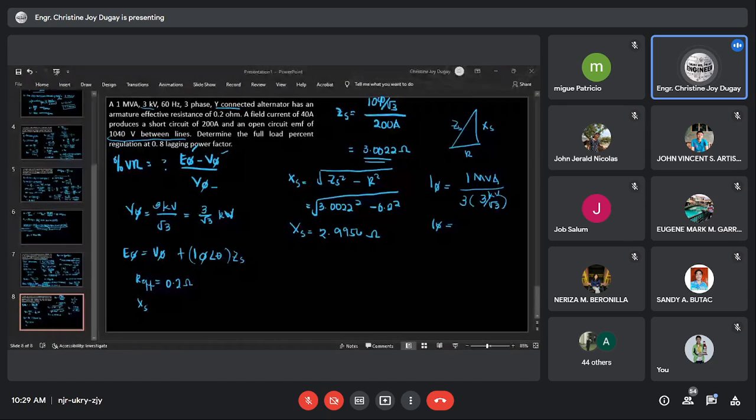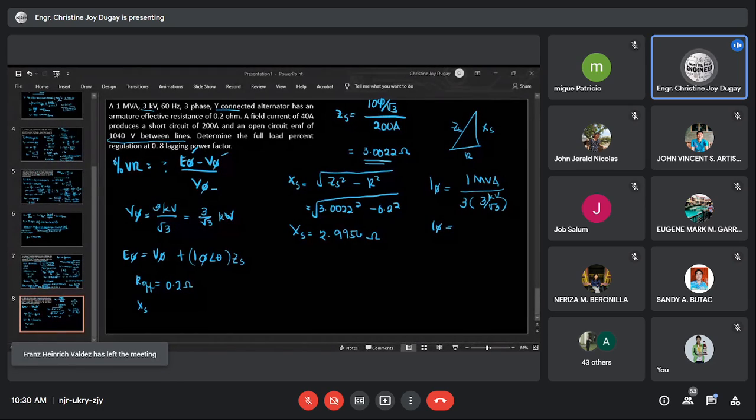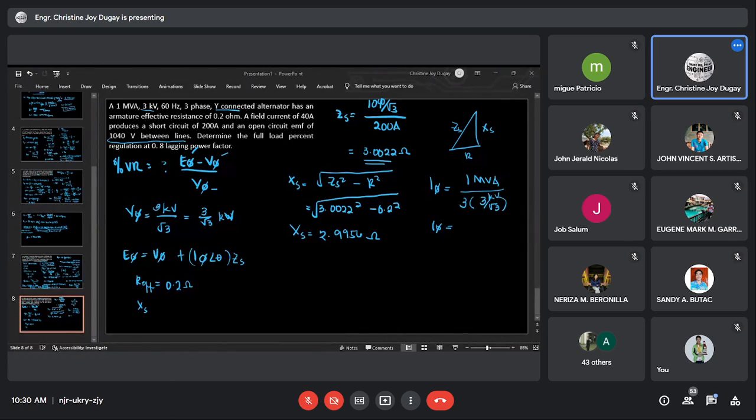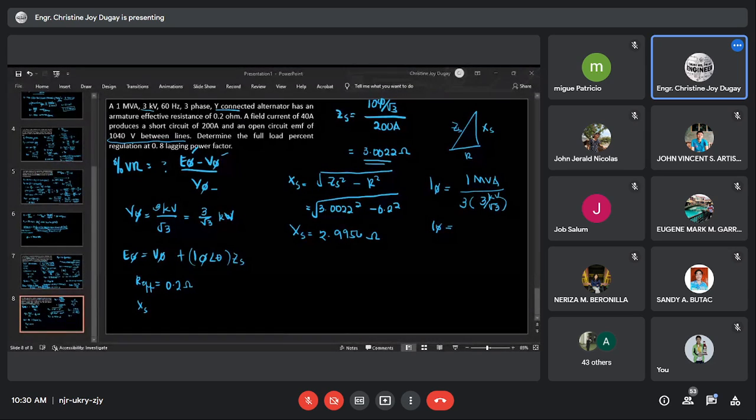Ilan ang value ng current po natin? Or that is the magnitude of the current. Magnitude po yan. Anong value ng current po natin? Ilan po ang value ng current ninyo?